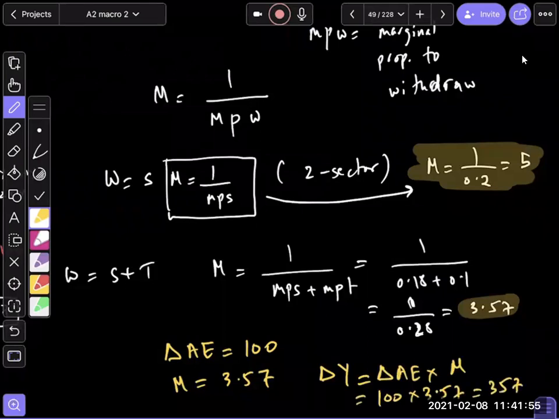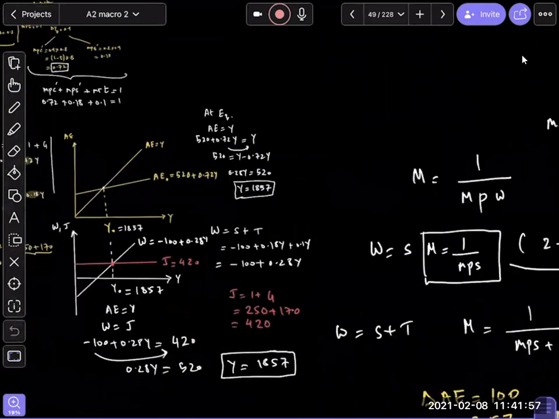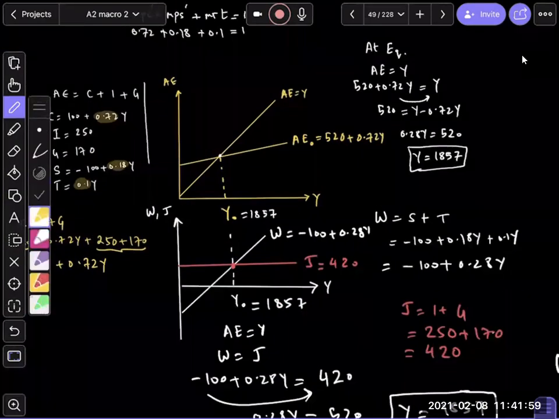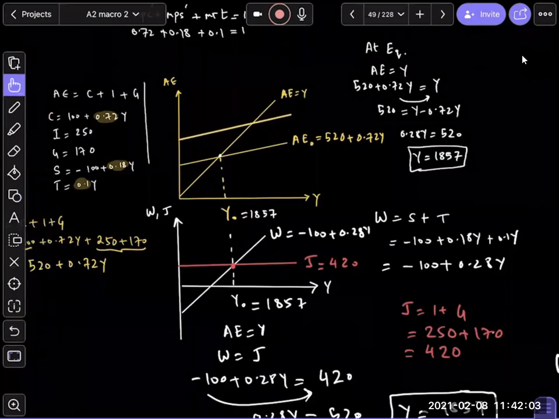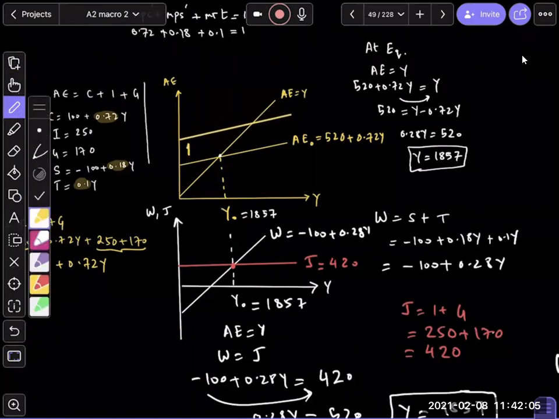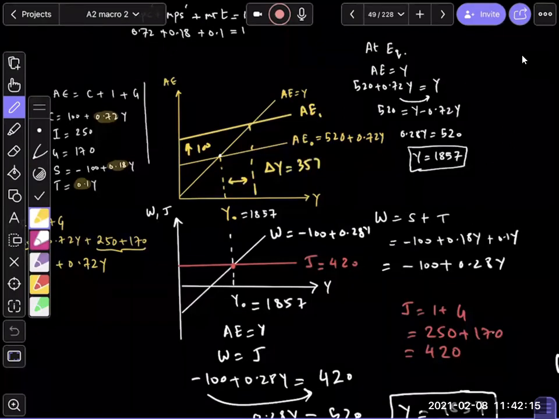So the reason why I'm saying this is because if I increase investment by 100, I know my GDP change in Y will be equal to 357. Why?